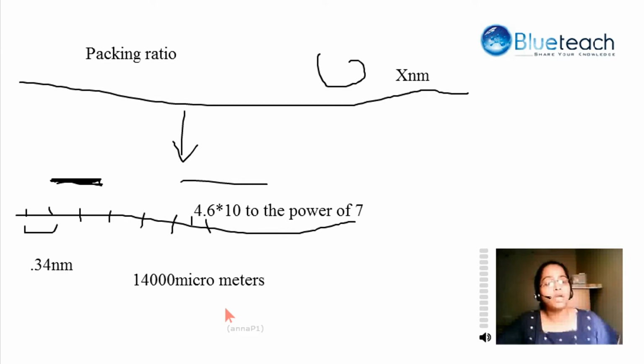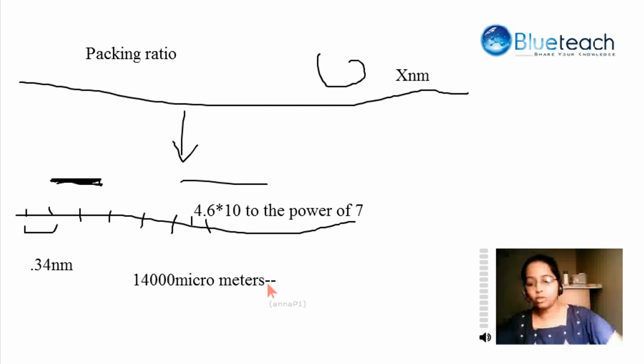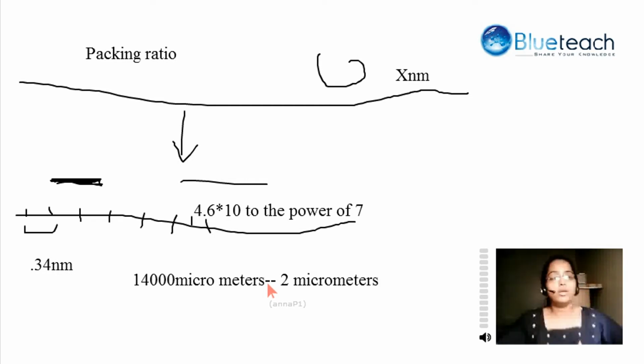Now it gets condensed ultimately during mitosis. It has been found that it gets condensed to a length of 2 micrometers. So from 14,000 micrometers, it gets condensed to 2 micrometers.